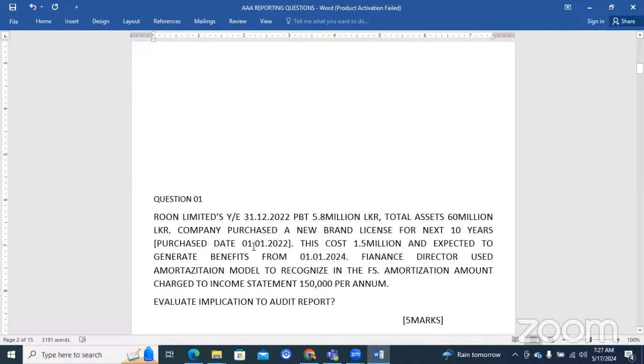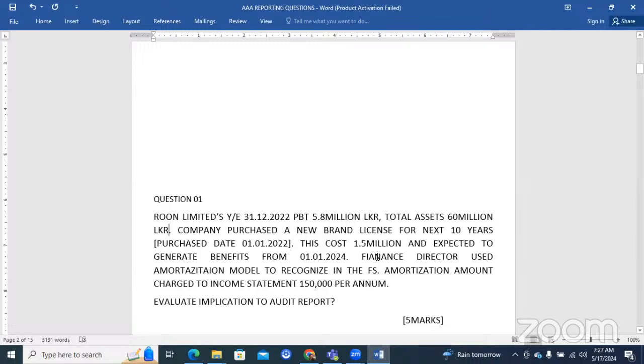Here, the purchase date is 1st of January 2022, the brand license cost is 1.5 million, and it is expected to generate benefits from 1st of January 2024. When we purchased this brand license on 1st January 2022, the useful life was 10 years. But the license started to generate income only after 2 years, on 1st January 2024.